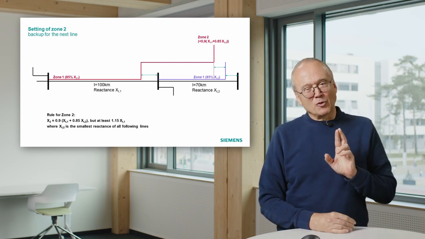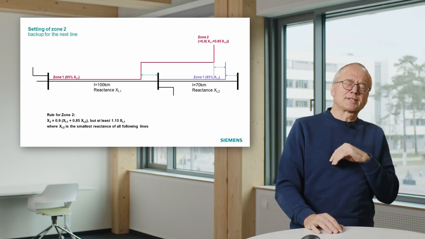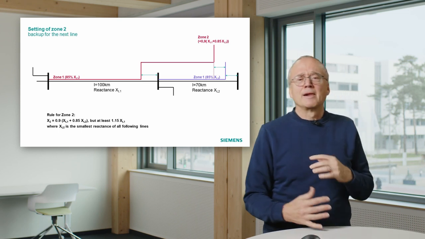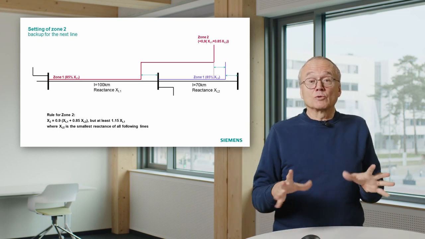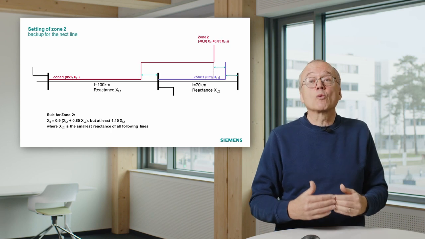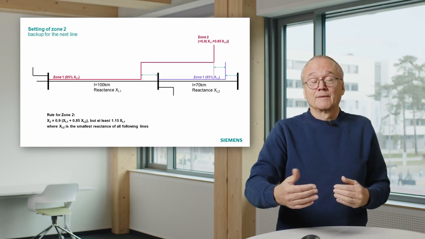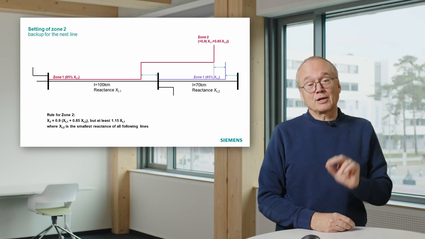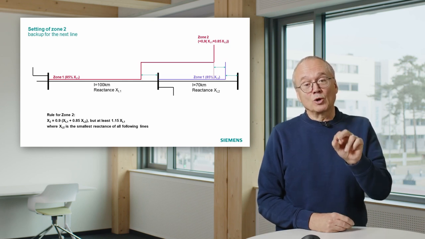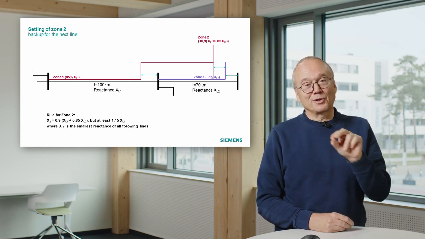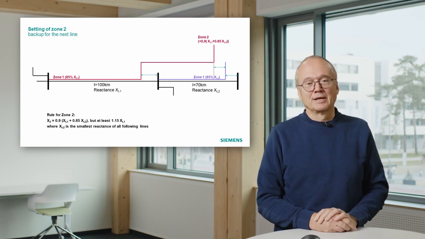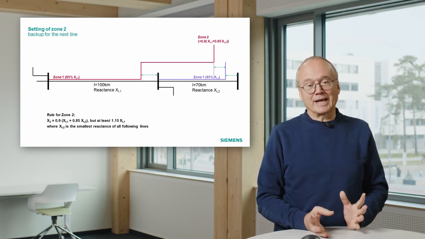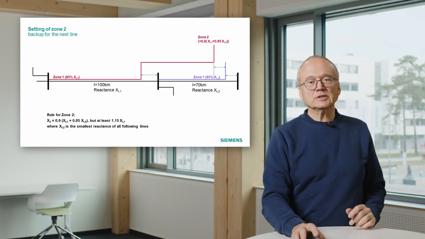And the problem, which is not visible in this slide, unfortunately, is that in a mesh system you often have not only one next line, there can be several lines there. And there you have to take the smallest next line, or the next line with the smallest resistance, or reactance, sorry.